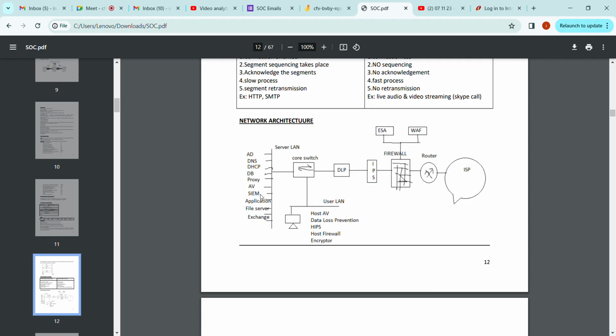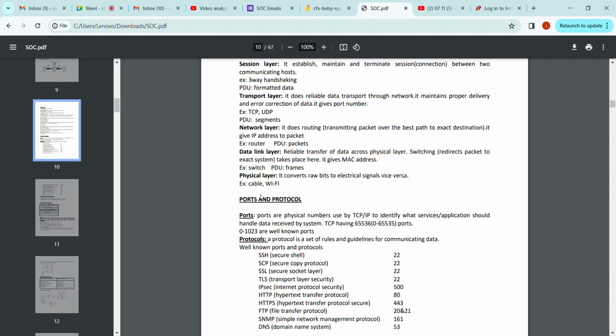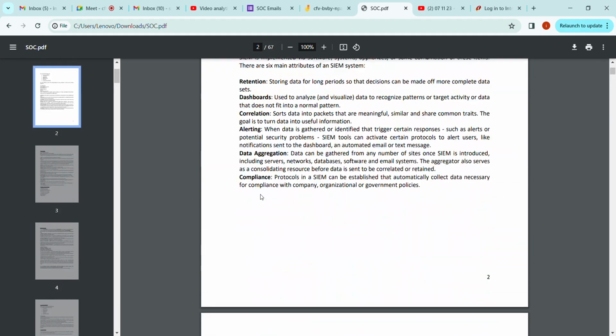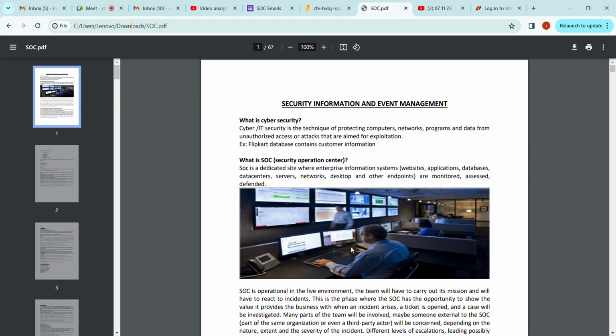So you are being kind of an analyst who is addressing all such alarms or notifications. If you look at the diagram on the first page, this is what you are going to do. You are sitting at certain screens, monitoring the end devices with the help of a SIEM tool.